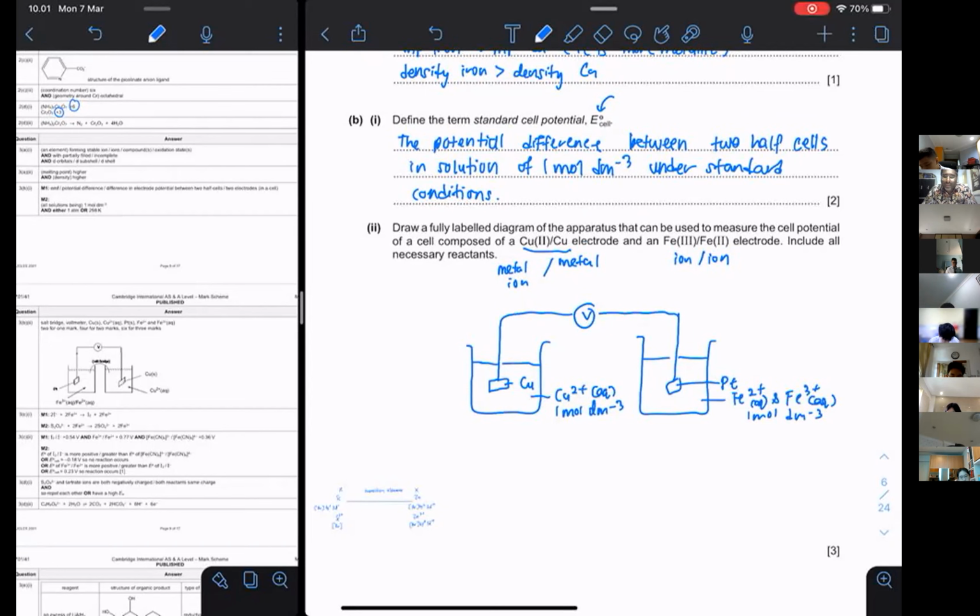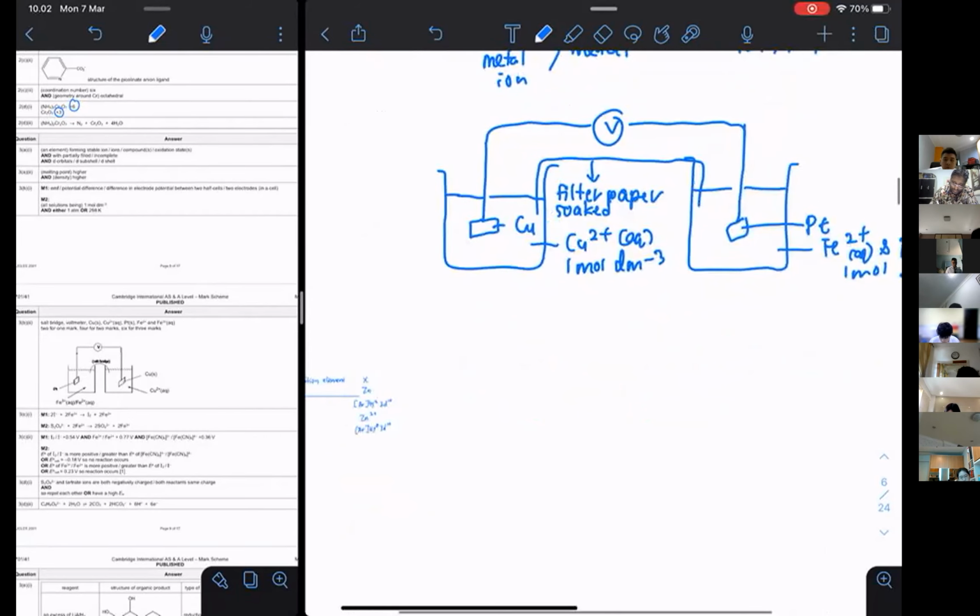But if you put it like this, it's not complete, so you need to use a salt bridge. A salt bridge must be used, and you need to state what you use for it. I use filter paper soaked with, if I remember correctly, sodium nitrate.